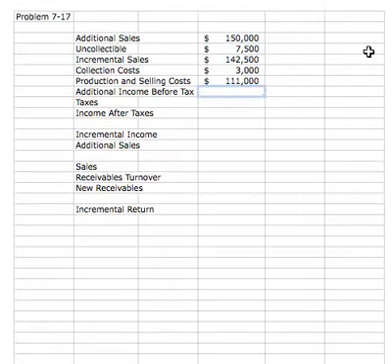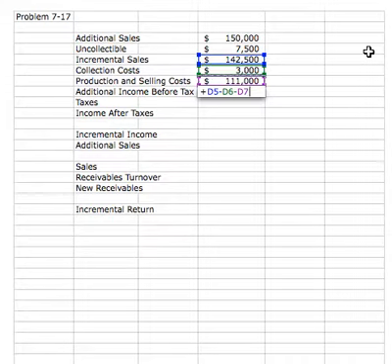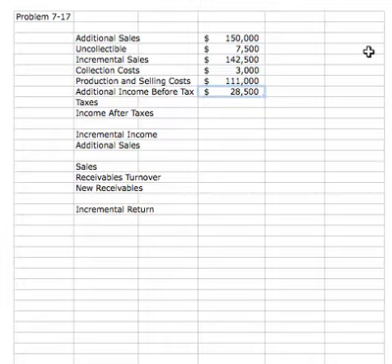That means additional income before tax is going to be our incremental sales figure minus our two additional costs, our collection costs and our production and selling costs. That means our additional income before our tax that we have to pay is $28,500. However, the problem does tell us that the firm is in the 35% tax bracket.